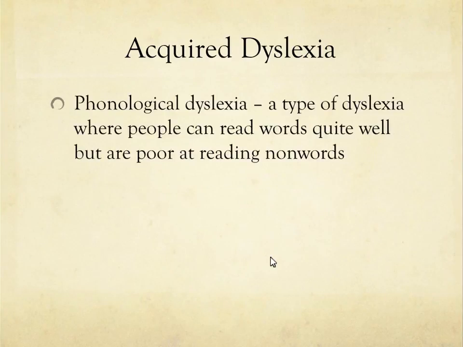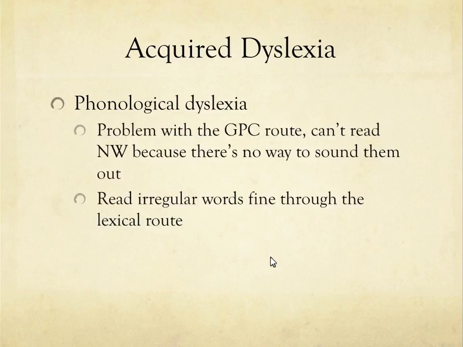Phonological dyslexia is where we can pronounce regular words quite well, but we're poor at reading non-words. So we can't sound it out. So we think that's a breakdown in the sound side. Okay. So we can't read the non-words because there's no way to sound them out, and we read irregular words just fine through the lexical route.